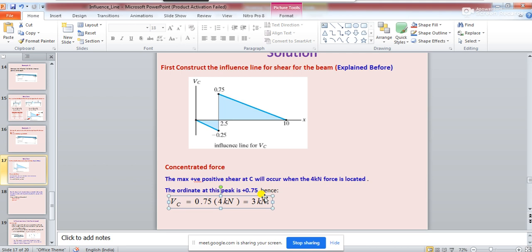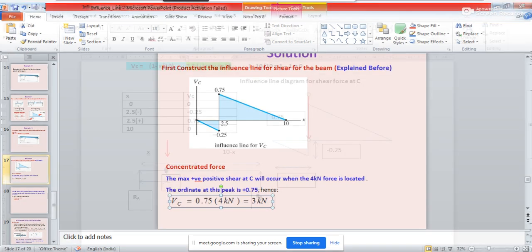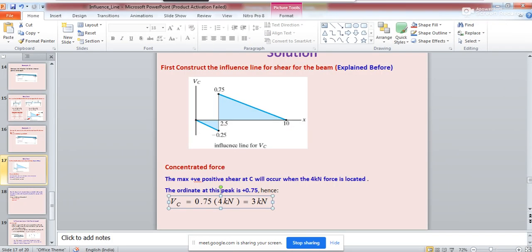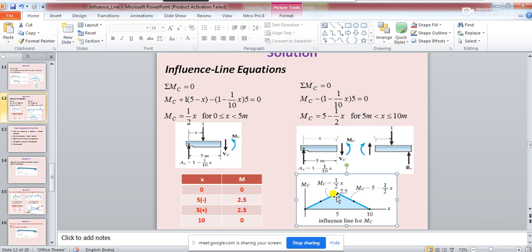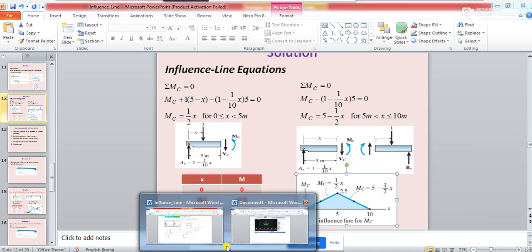Okay. Now see, before going to the other slides, let us take another example. If you remember the bending moment one, let us copy it over here.